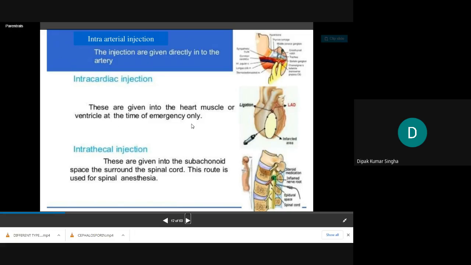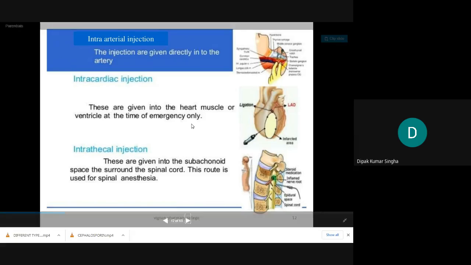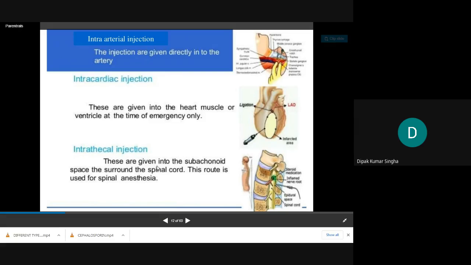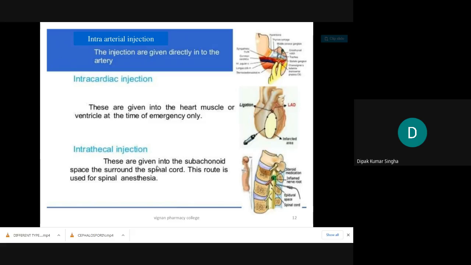The intracardiac injection is like that, and another is the intrathecal. It is given in the subarachnoid space of the spinal cord, generally for general or local anesthesia, in cases of child labor or operations. It is introduced into the subarachnoid space of the spinal cord.